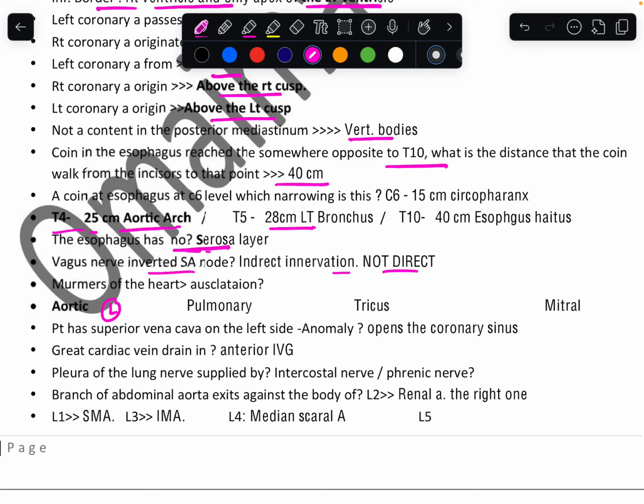Aortic, left of sternum, second. Aortic is right, and pulmonary is left, second.